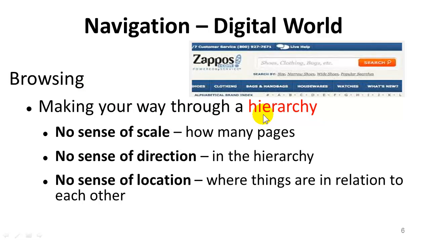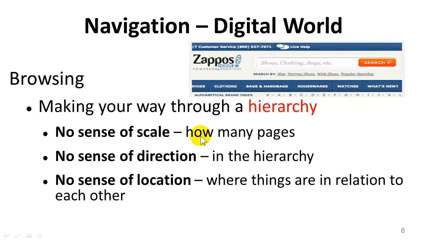So here I have a little bit of a screenshot of Zappos, where we see some kind of a navigation system. We also have another way of finding things, different ways that we could search, and a search box, ultimately live help.